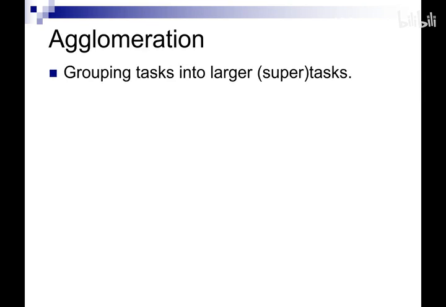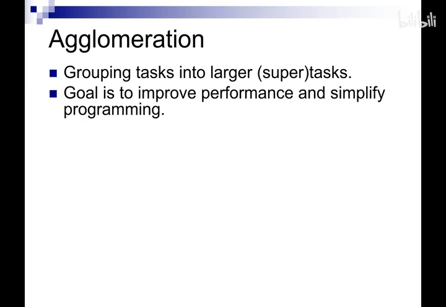Okay, so the next step is agglomeration. So agglomeration basically means to combine a bunch of these small tasks into bigger tasks. Okay, we're going to call the bigger ones the super tasks. And the reason you want to do agglomeration is because if you look at the communication between these small tasks, then there can be a lot of communication because you're trying to create many of these small tasks, right?